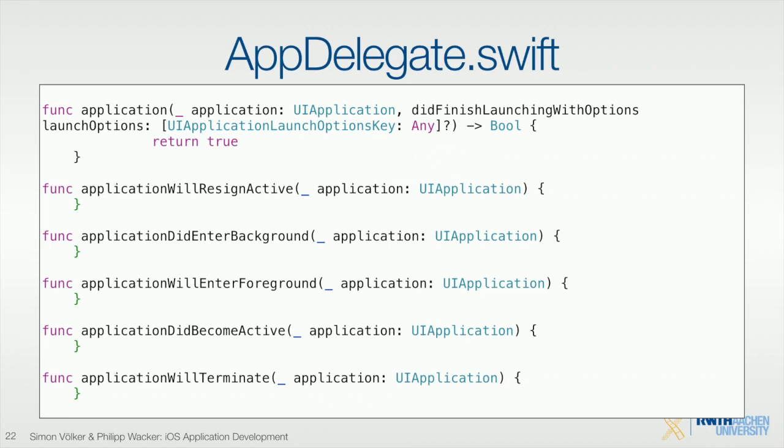You will most likely use did enter background if you actually have an app that does something in the background or needs to be woken up again to react to stuff, and you want to do something there in the background, while will terminate is usually if you only care if you're active and in the foreground, but you don't have to do anything when the app is closed down.